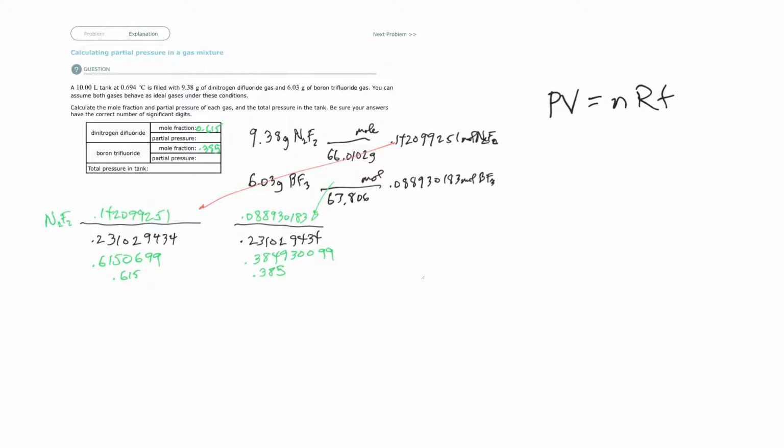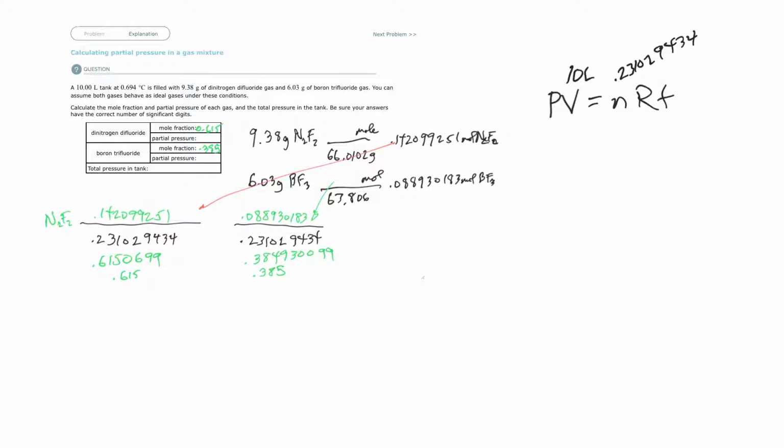And then I'm going to fill in what I have been given. So it says, first of all, we've got a 10-liter tank. So it's going to be 10 liters. I have my moles, which is this bottom number, 0.231029434.